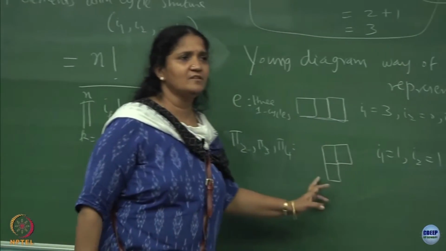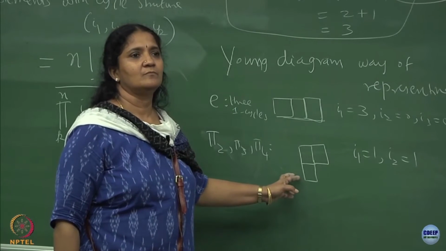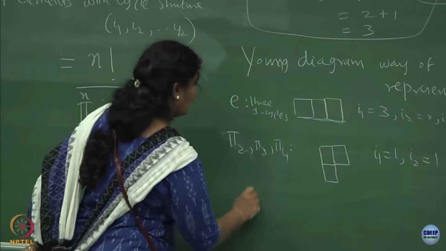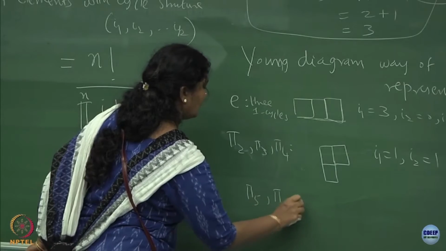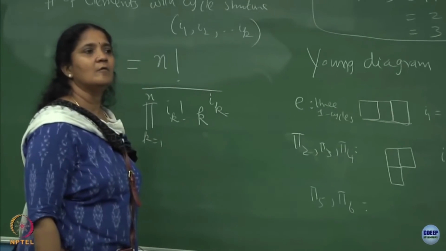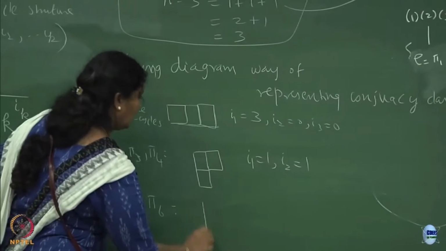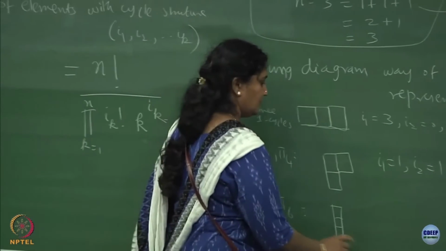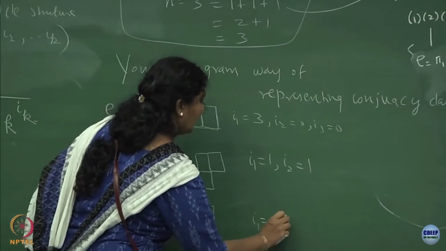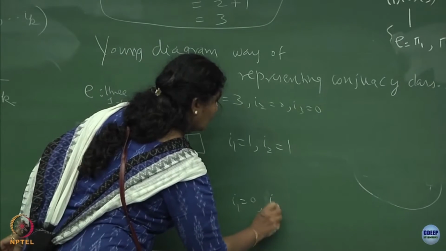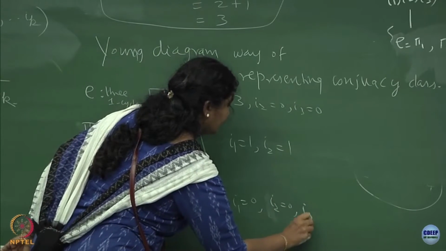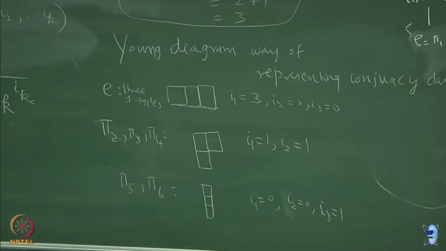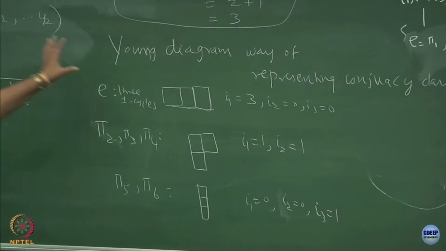Total number of boxes is still 3. This is the notation. So, tell me how will you write pi 5 and pi 6? 1 vertical, 3 box, that is it. So, this is I1 is 0, I2 is 0, I3 is 1. Are you all with me?